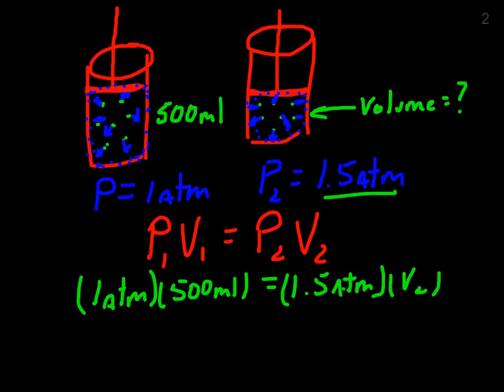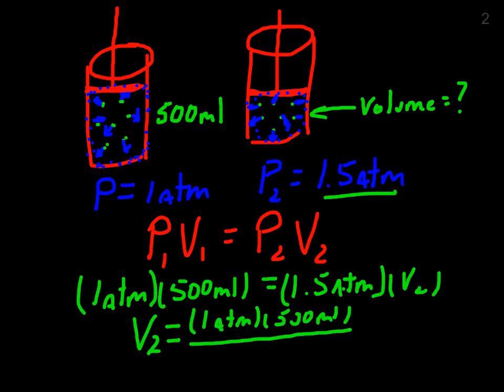So solving for V2 is going to equal 1 atmosphere times 500 milliliters divided by 1.5 atmospheres.